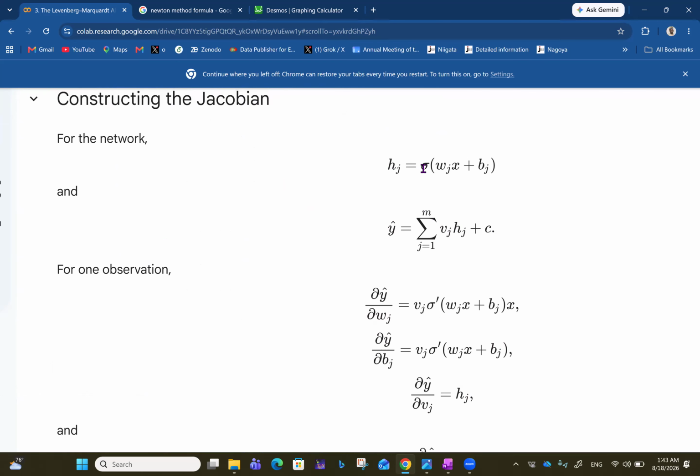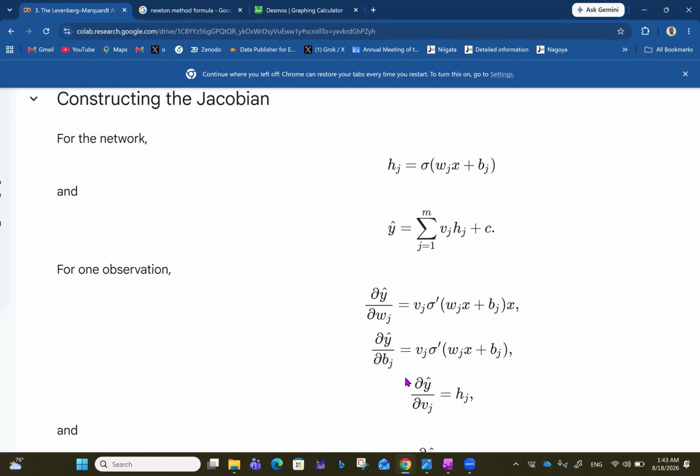If you put sigma in place of H sub j, then dY hat over dWj, because H sub j is a function of sigma, we have V sub j out here, and then we have sigma prime of W sub j x plus B sub j, and with respect to W sub j you have x out here, so you have V sub j sigma prime of W sub j x plus B sub j, times x.